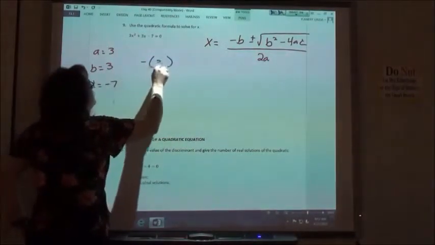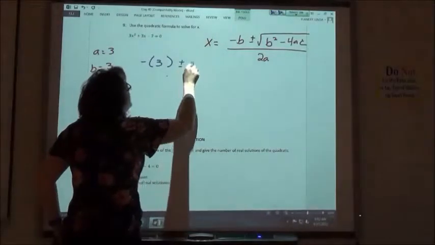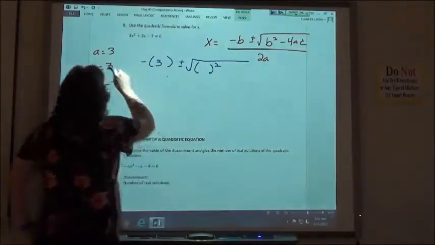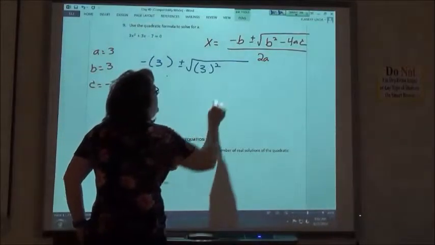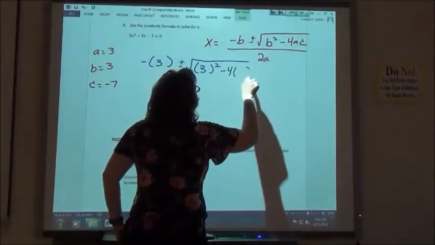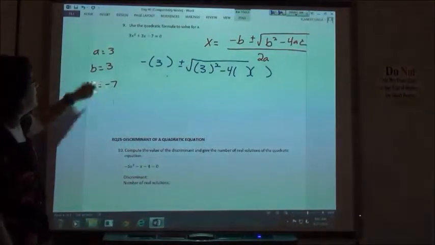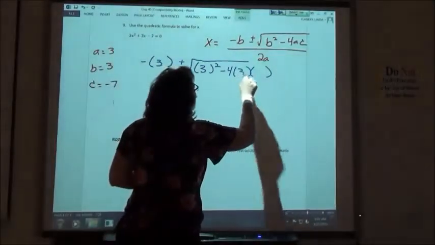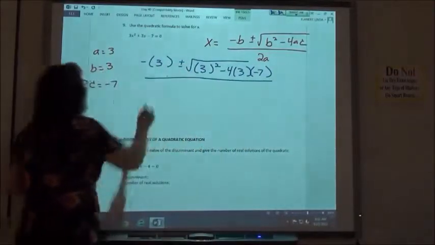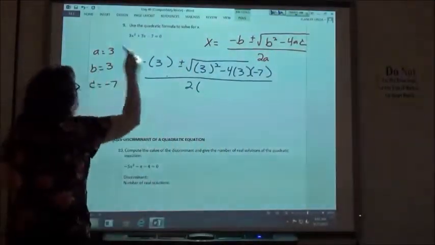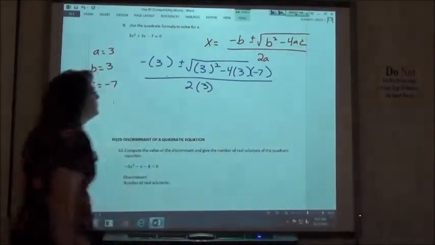The b value is 3, plus or minus the square root of the b value squared. The b value is 3 again, minus 4 times the a value times the c value. A is 3, c is negative 7. All over 2 times the a value, 3.